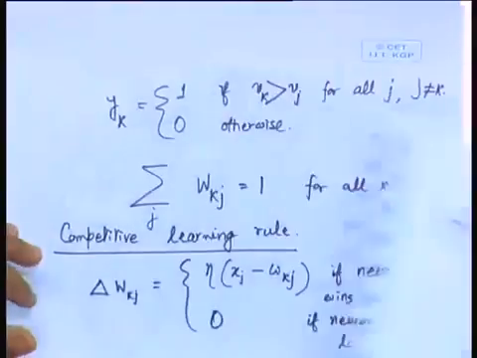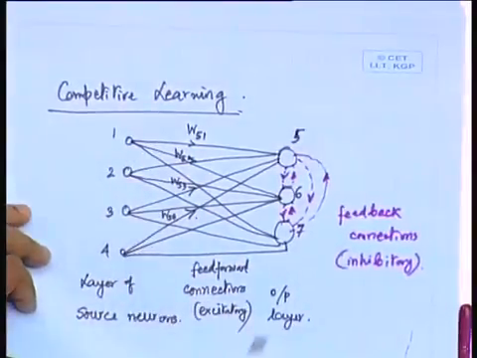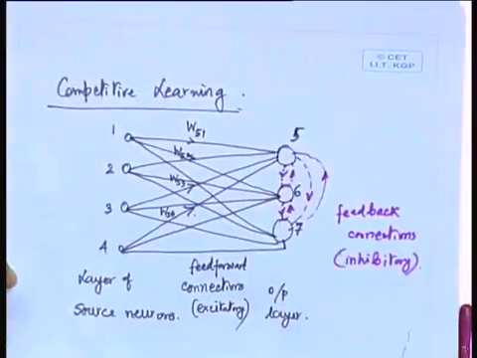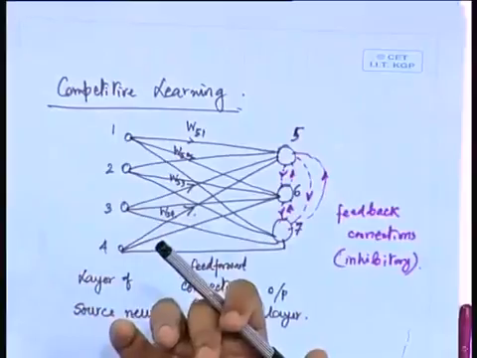And what is going to be the winner next time, when we feed a different pattern? Maybe 5 will be the winner, maybe for a different pattern 7 will be the winner. Even for a pattern for which 6 is already a winner, it does not mean that 6 will be the winner for only that one particular pattern.